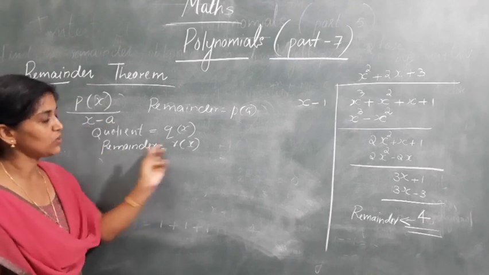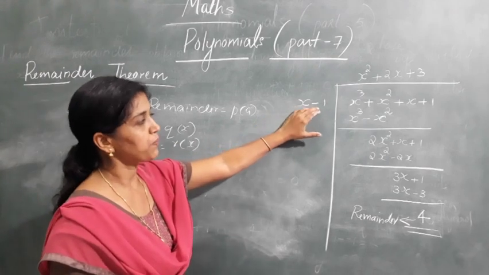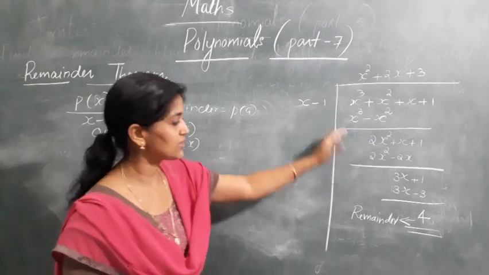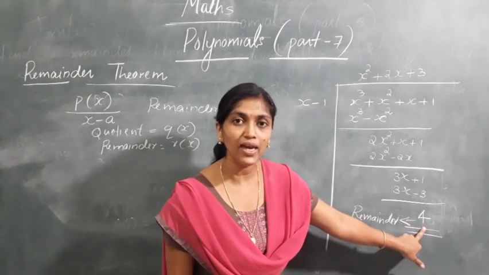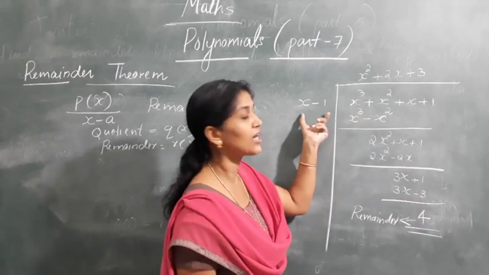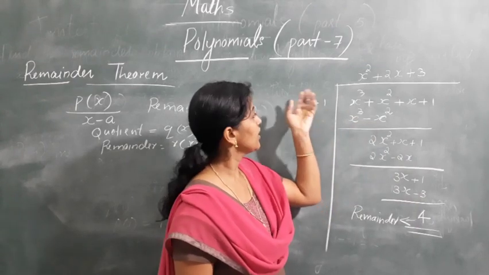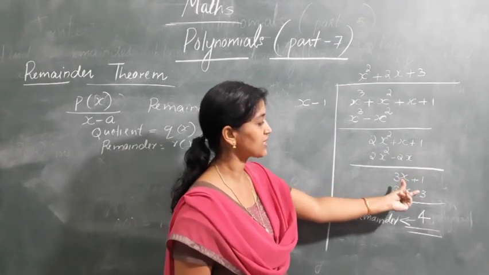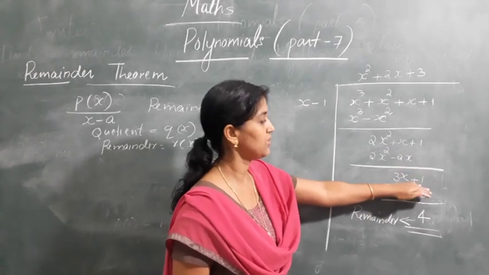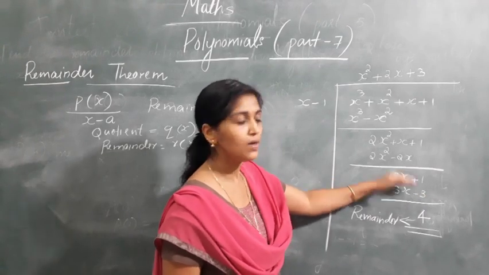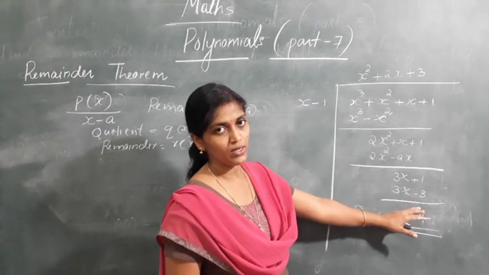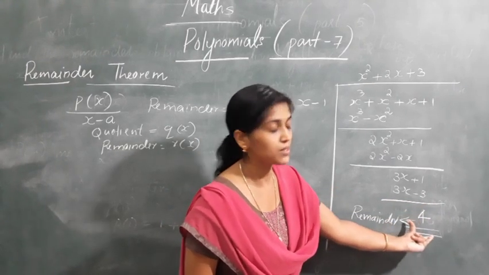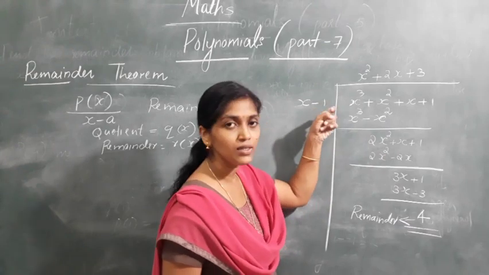But one thing here, we know that the division is by a linear polynomial. So always when you divide a polynomial by this linear polynomial x minus a, the remainder will be a constant, because we can continue the division if the divisor and the dividend have the same degree. We will stop the division only if the degree of the remainder becomes less than the degree of the divisor.